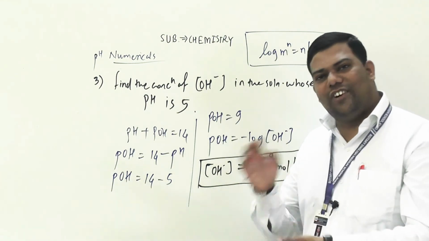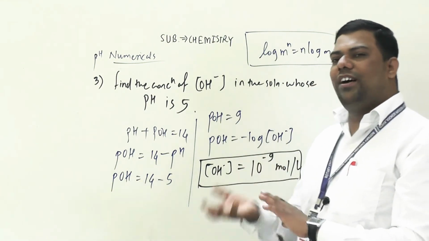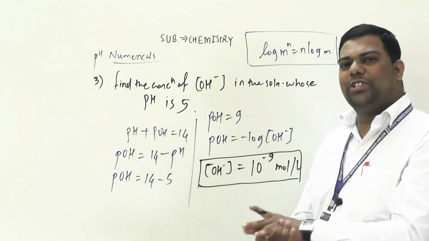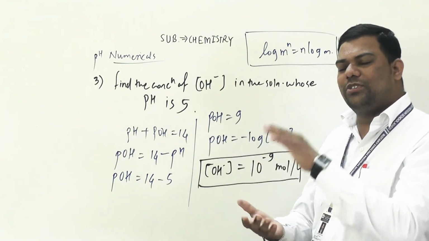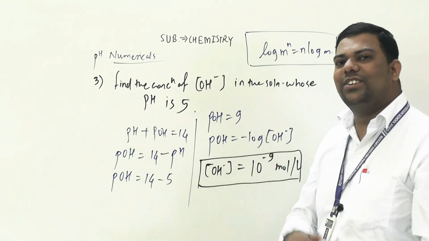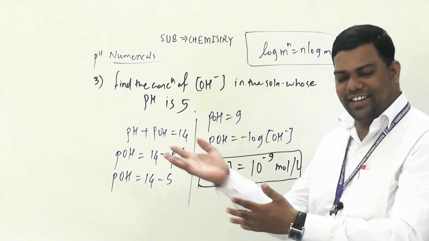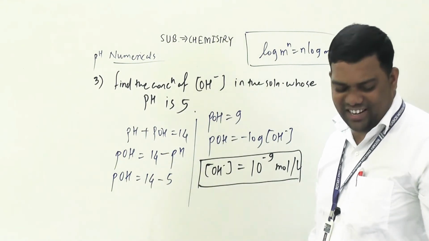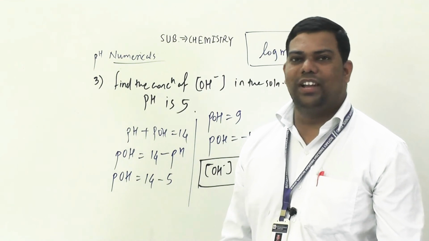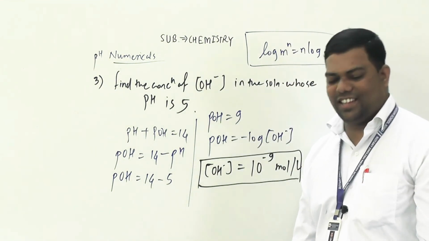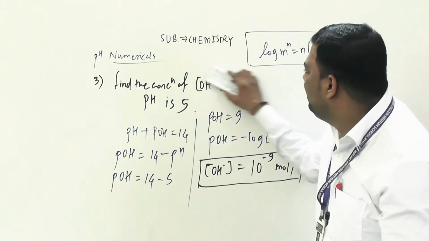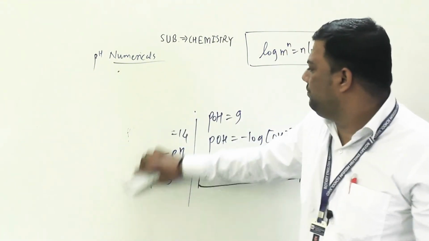If you are thinking in reverse, suppose the concentration of H plus is 0.02, like we saw previously, then pH is how much? 2. Now only we discussed that numerical. So like that there are simple pH numericals and pOH numericals. One more we can solve here, question number 4.